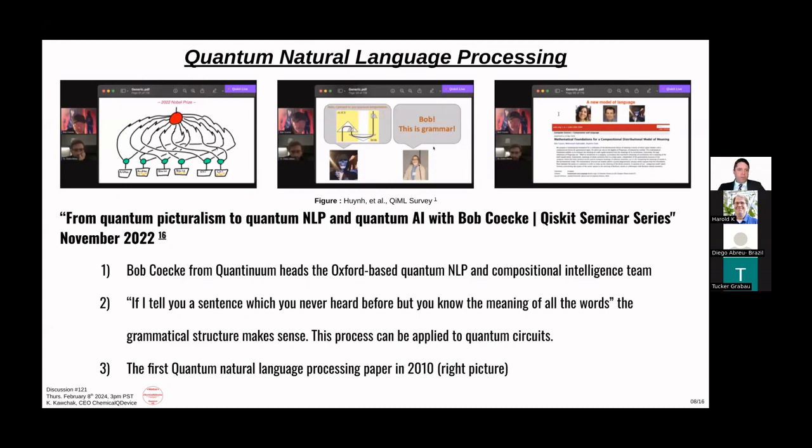So in the quantum version of this, this is called from quantum pictorialism to quantum NLP and quantum AI. And Bob Coecke, by the way, has had a lot of success within quantum. He works at Quantinuum. This particular talk, if you join tomorrow morning on the West Coast, is part of the Qiskit seminar series.